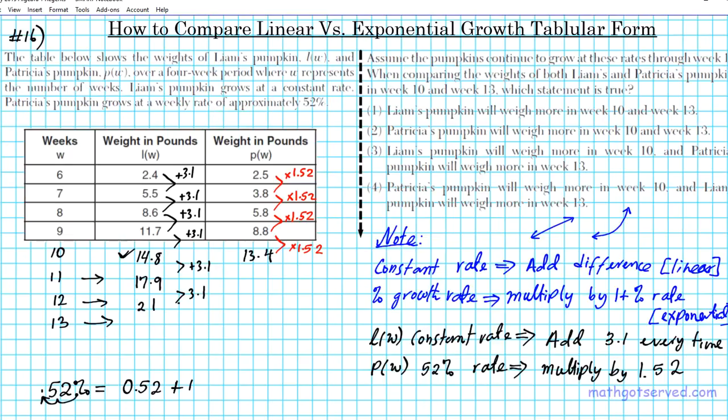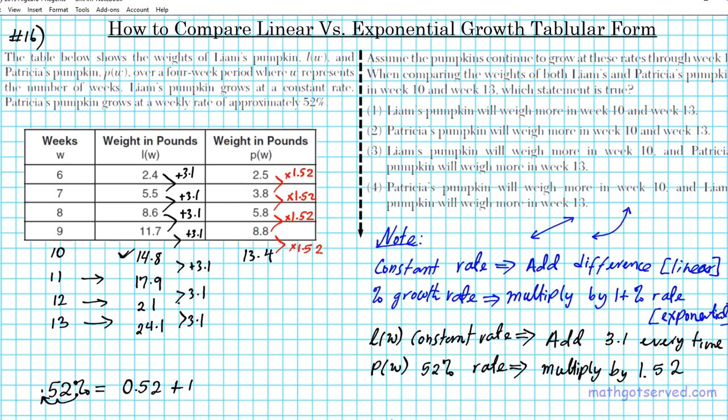And then for 13, the last one, you add another 3.1. And then you have, let's see, 24.1. Alright, so that's that for Liam's weight.